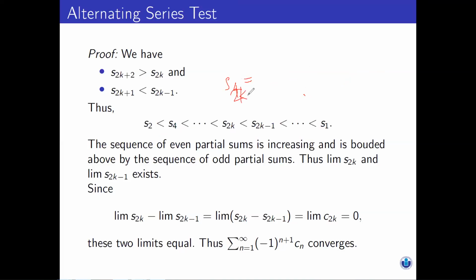So S2k plus 1 is C1 minus C2 plus ... plus C2k minus 1 minus C2k plus C2k plus 1 minus C2k plus 2.